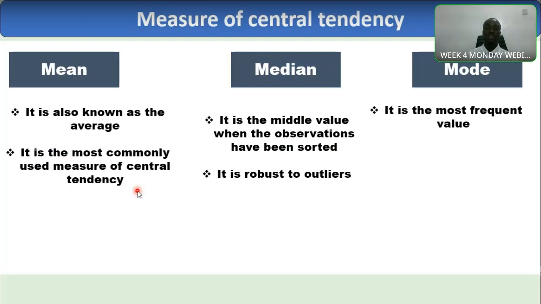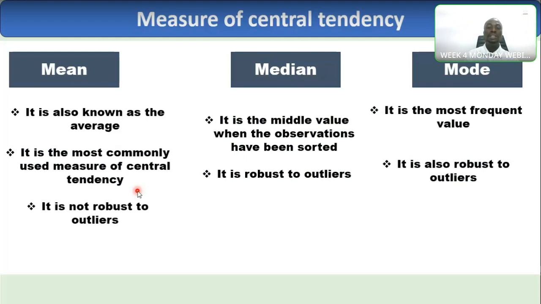And one of the ways to avoid the influence of outliers is to use median as our central tendency, because it is robust to outliers. The same thing goes for the mode. Mode is also robust to outliers, but mean is very sensitive to outliers. And we are going to see how that plays out as we continue in this session.